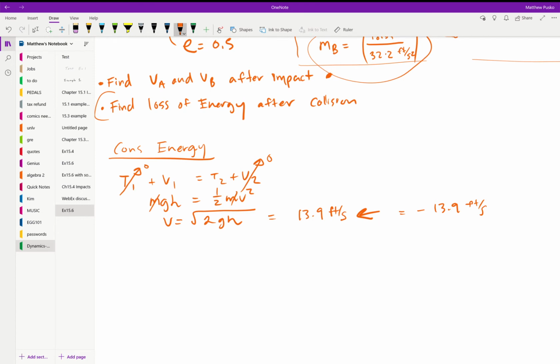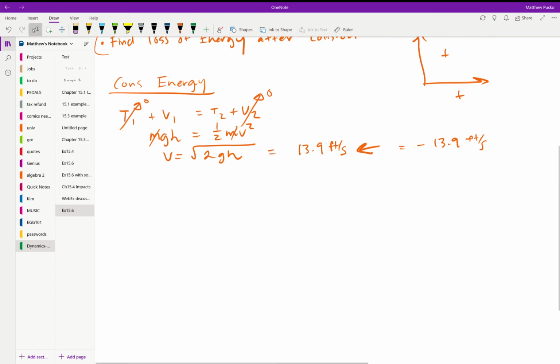You'll notice your book does not use negative. I'm working it with our normal convention, right being positive and up being positive. Okay, so we have the velocity of A right before it hits and makes impact. So before impact, that's negative 13.9 feet per second. Let's hold on to that.